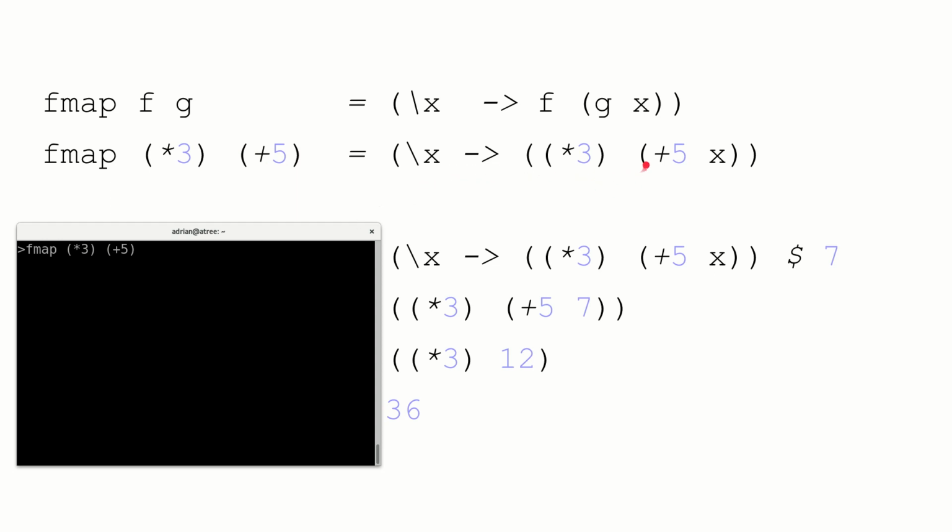So let's replace these values. +5 is the value of our functor, times 3 is our function that we passed in, and this is our constructor. This is our function part. So functions are functors, so this is a functor and this is the constructor for that functor. So that's okay.